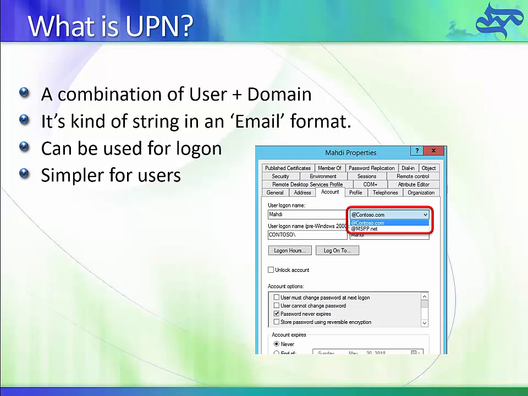This does not necessarily mean that it should be similar to the default UPN of the user accounts. They can be completely different things. So it makes logging on for the user accounts much simpler because they can memorize their UPNs much faster. So this is another benefit of using UPNs, but I'm going to get into details of why this can lead to simplicity for users.